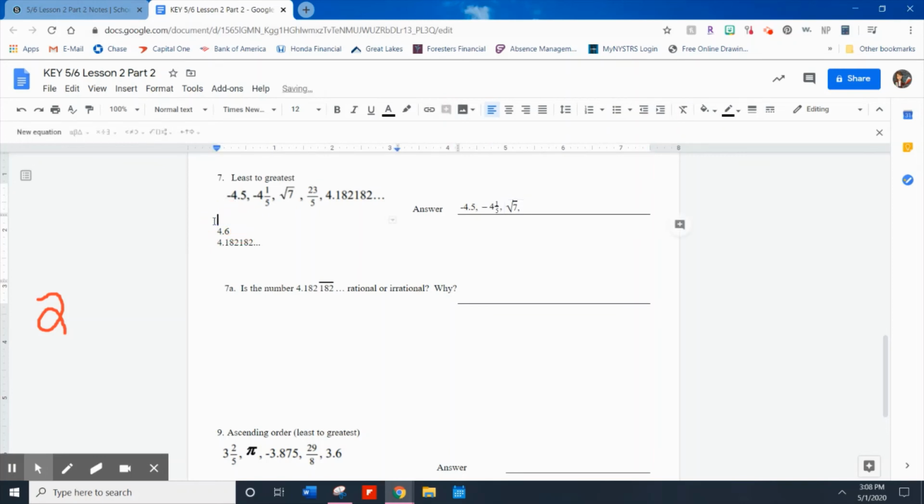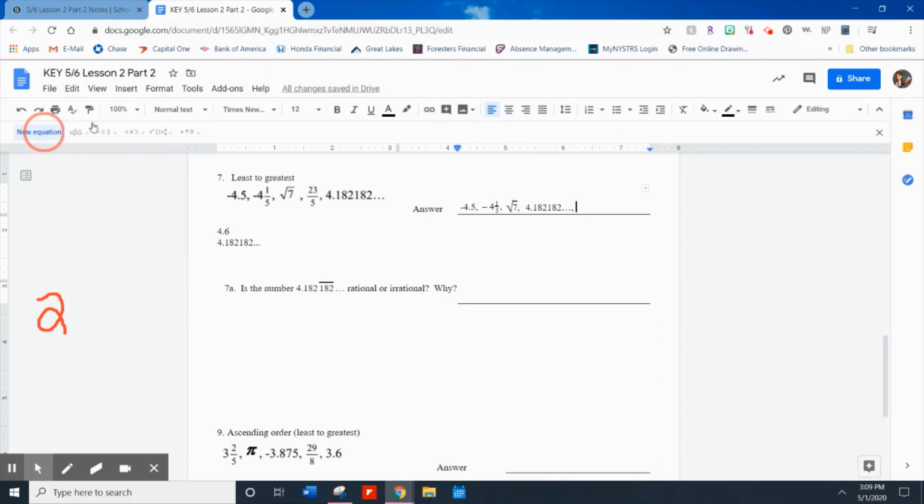Next smallest number. The 4s aren't going to help us, but the 6 and the 1 do. So it's that long decimal with the dot, dot, dot that's coming next, 4.182, dot, dot, dot. And then lastly is going to be the 23/5.